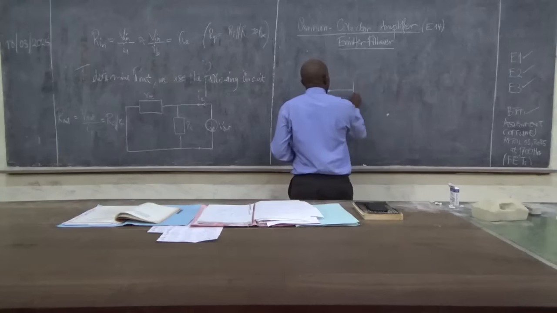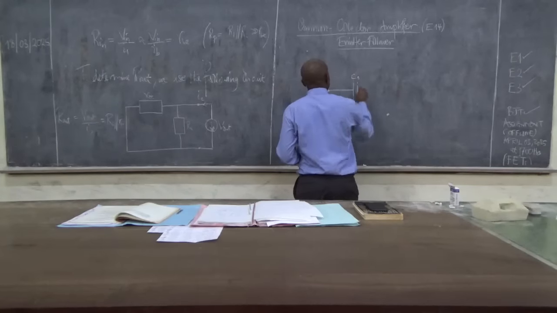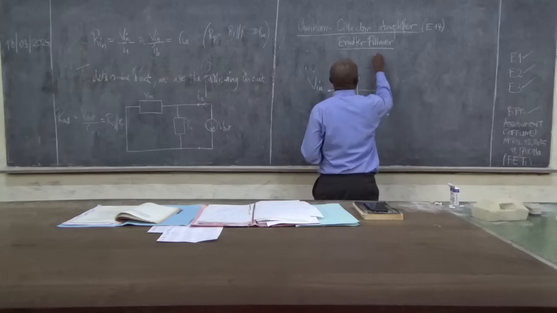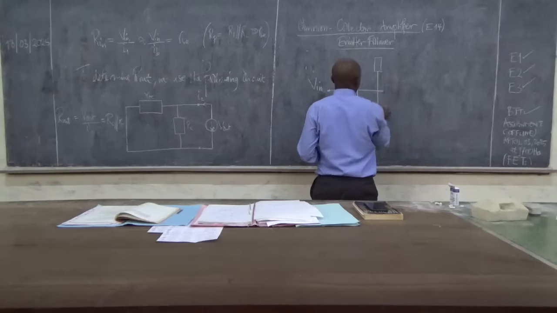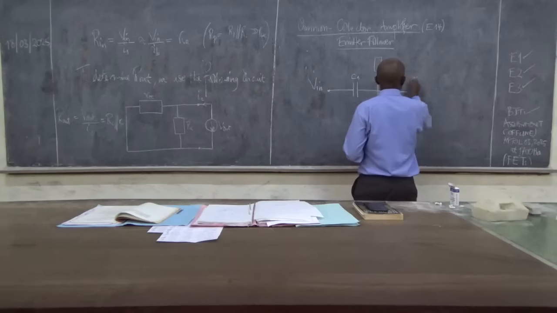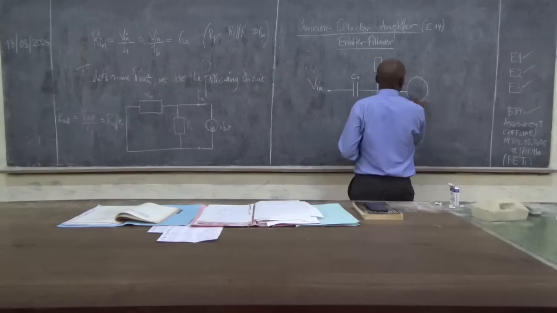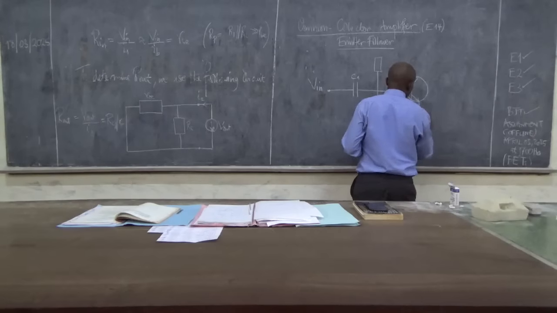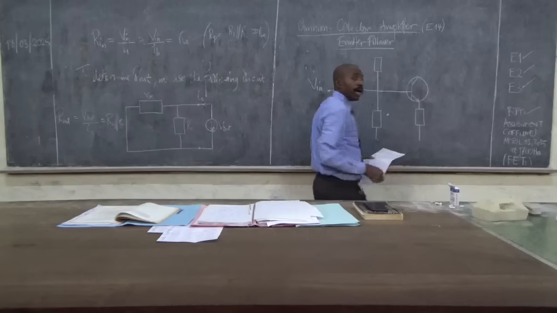So if we have the C1, the capacitor here, C1, and then bias the transistor through R1 and R2, and then we have the transistor, and then what did we say when, what purpose did we say we put this RE?